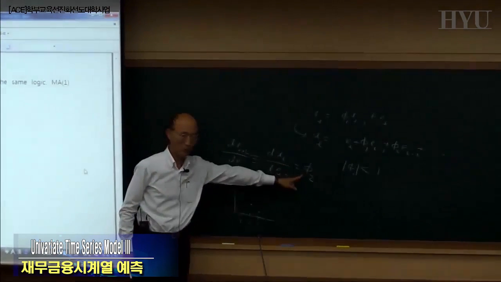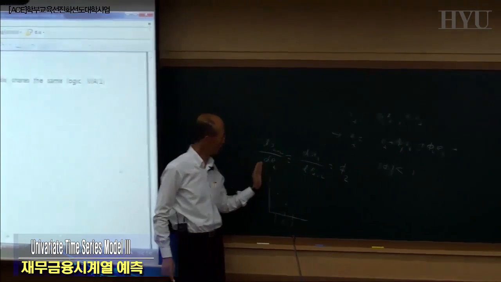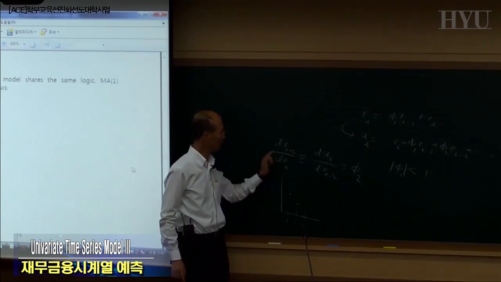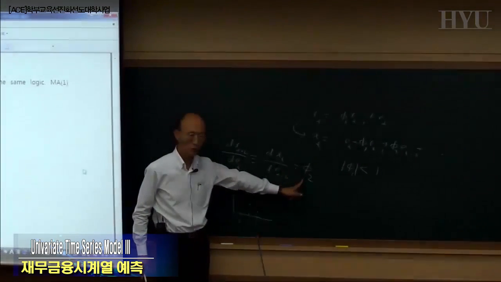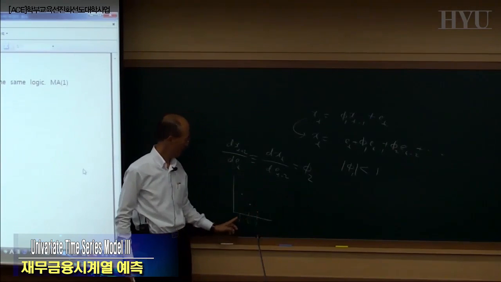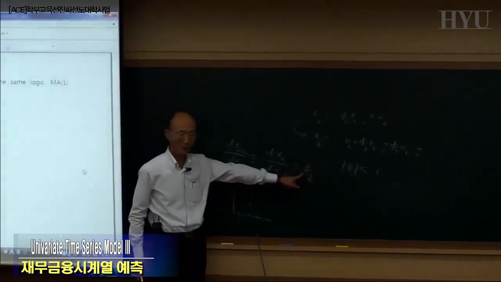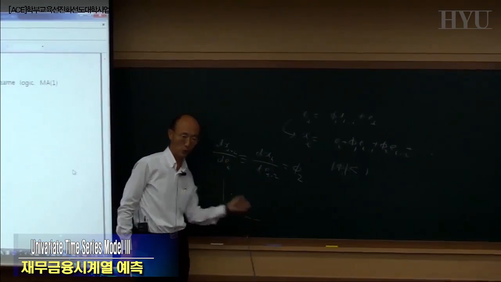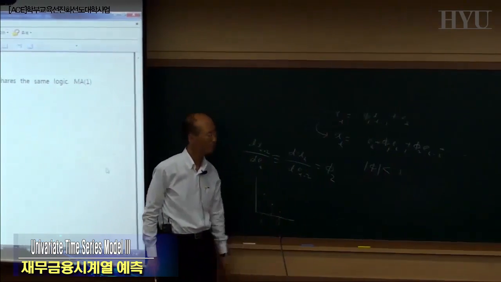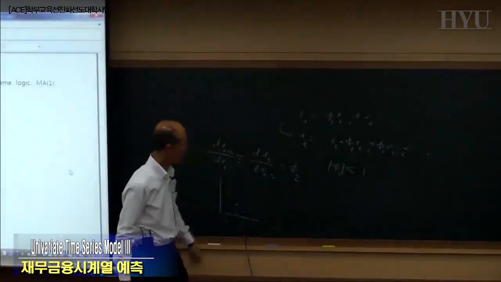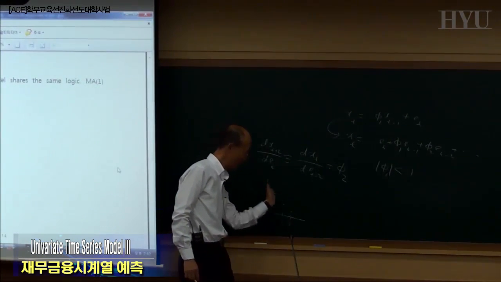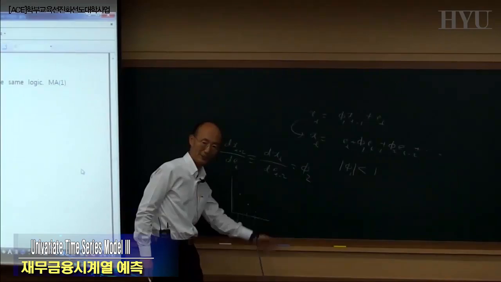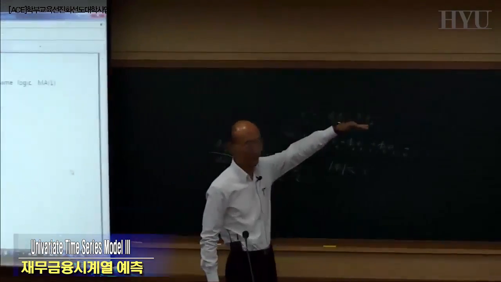So this is a response. 1 unit change in epsilon_t will affect the value of x at t plus 2 by that much. So impulse and response. So impulse response function. Okay. So obviously, impulse response function for AR process is going to be exponentially declining, whereas MA(1) it is short-lived.